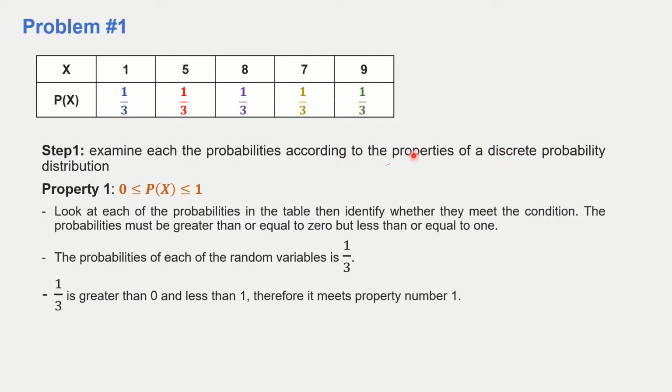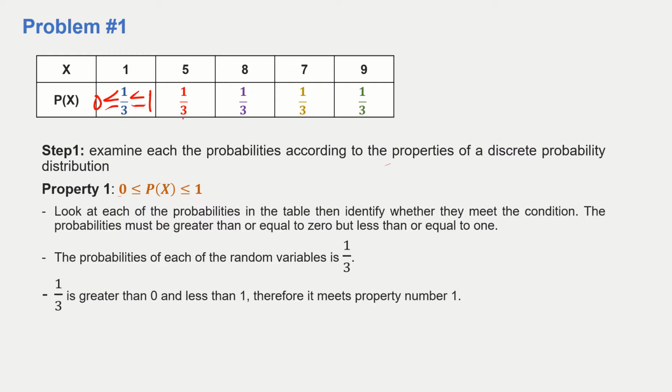So we have two properties. Our first property is that the probability must be between or equal to 0 and 1. For each probability, the probability of the random variable x where x is equal to 1 is 1/3. 1/3 is greater than 0 but less than 1, so it satisfies property 1.